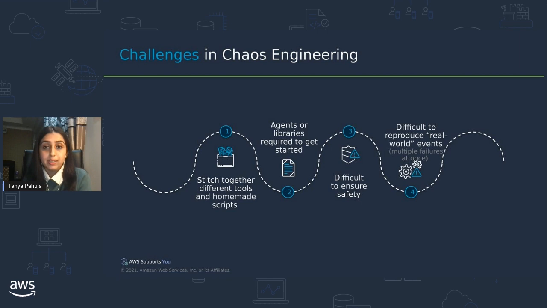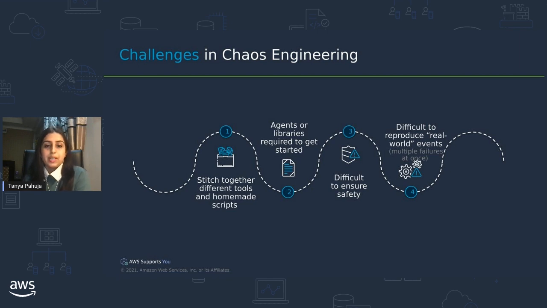And the other challenge is that we want to be able to simulate failures in software as well as hardware, but with chaos engineering alone it is difficult to reproduce real world events. For example, you want multiple server failures at once, but you also want an application microservice failure. So these are some of the challenges that we often observe with chaos engineering alone.